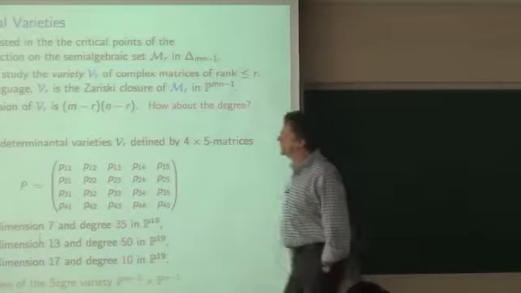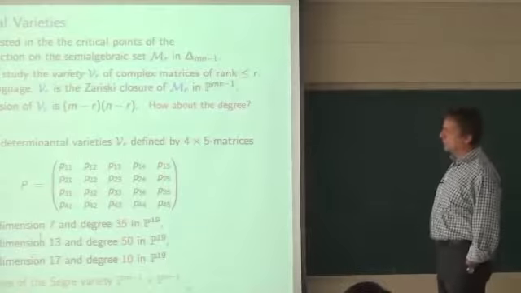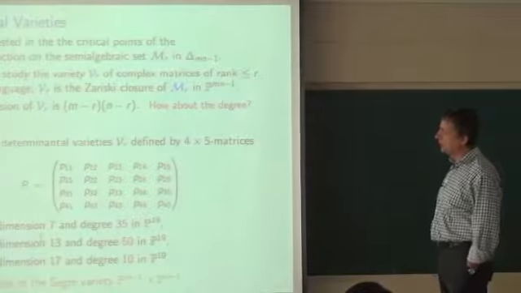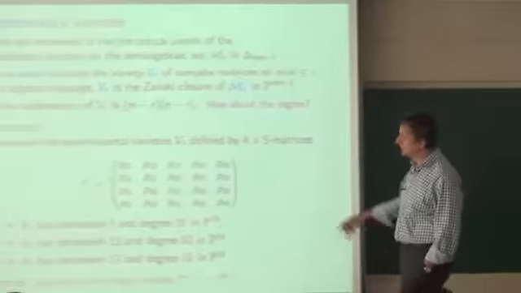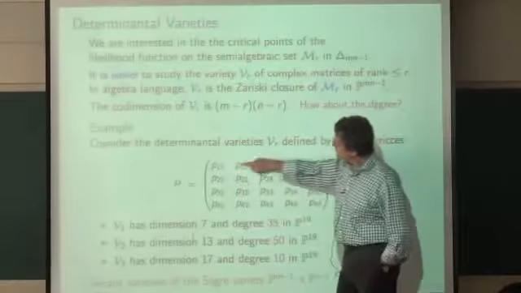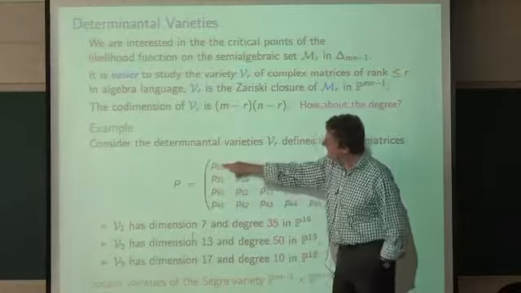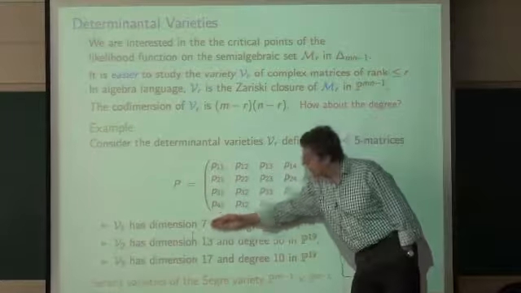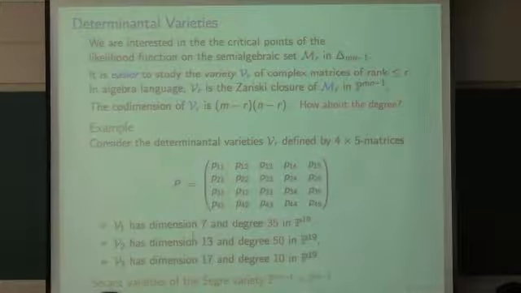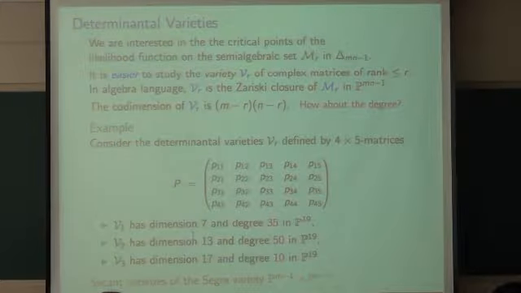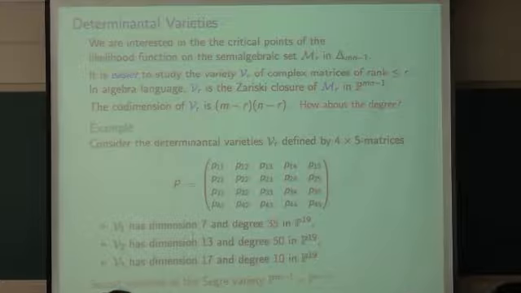Then V_1, the matrices of rank 1, has dimension 7. We can first choose the first row, and we have these 8 entries, but we're doing this projectively, so we have 7 degrees of freedom, and the degree of this Segre variety is 35.